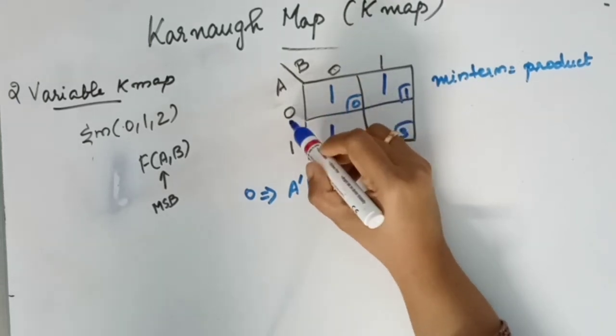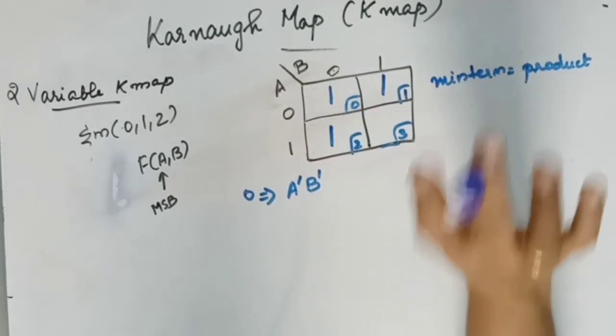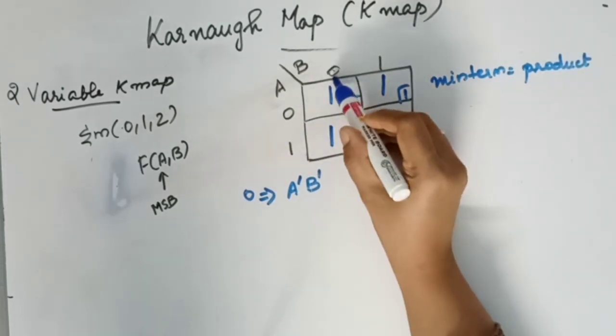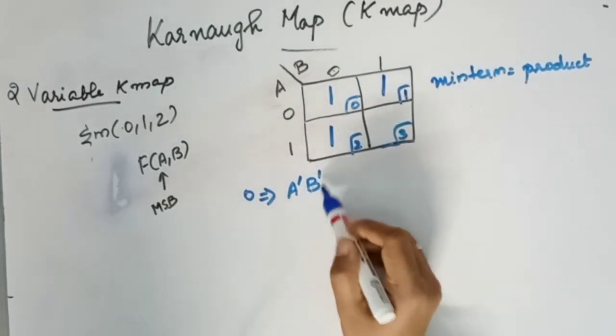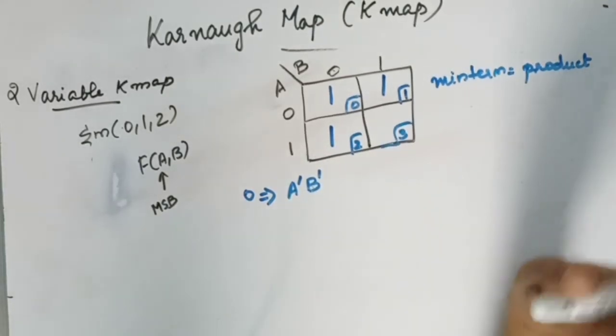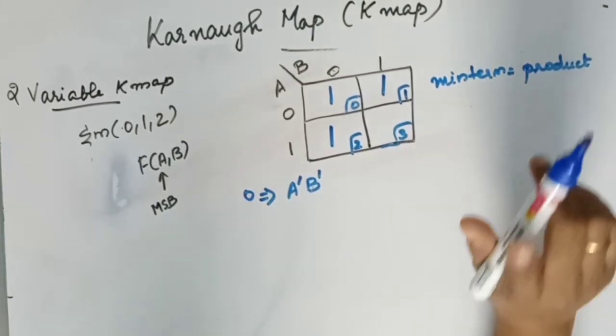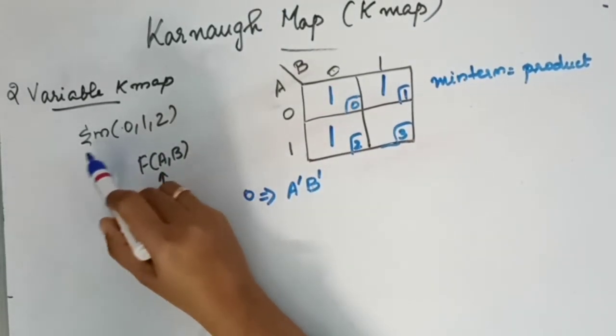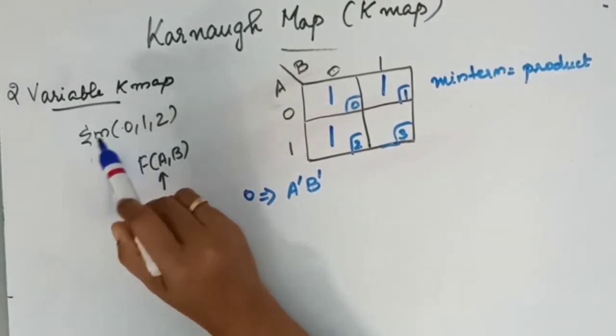A is 0. 0 means complement. 1 means don't complement. So, A0 means A bar, B0 means B bar, and it should be written as product in the case of SOP. How do you know this is SOP? Because it is written as sigma m, sum of minterm.